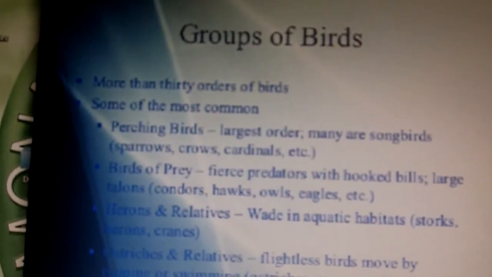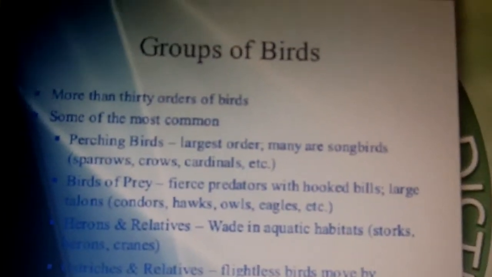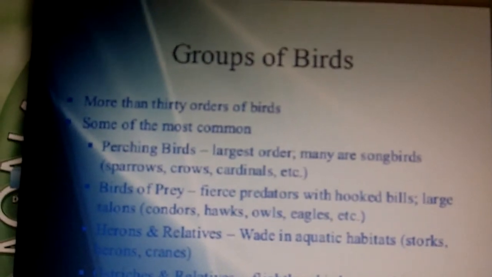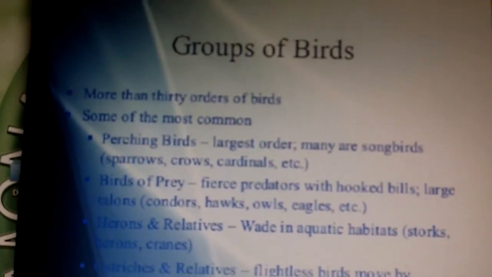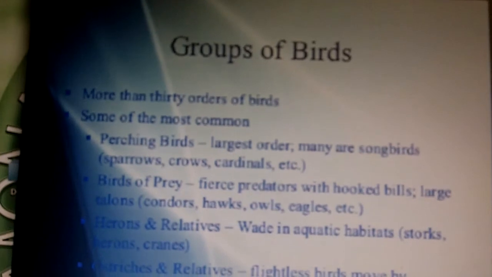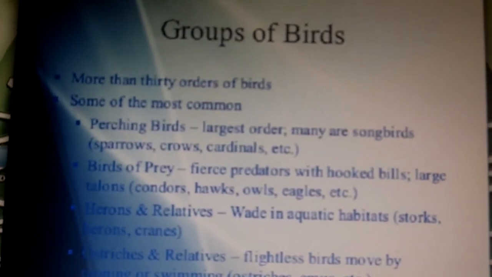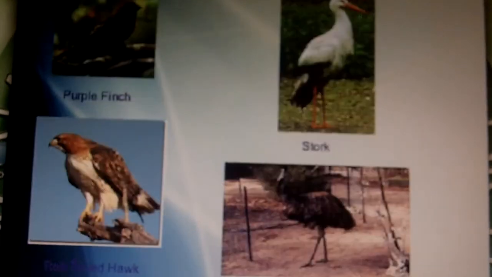Okay, groups of birds, and there are more than 30 orders of birds. Some of the most common are the perching birds, the largest order. Many are songbirds, like sparrows, crows, cardinals, etc.